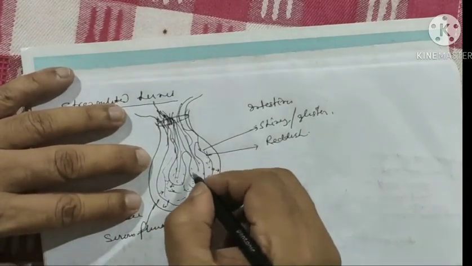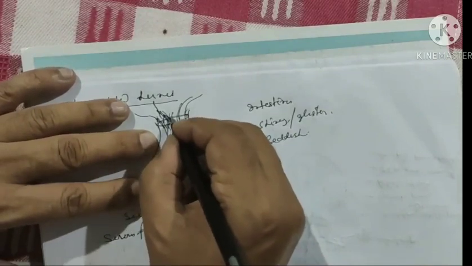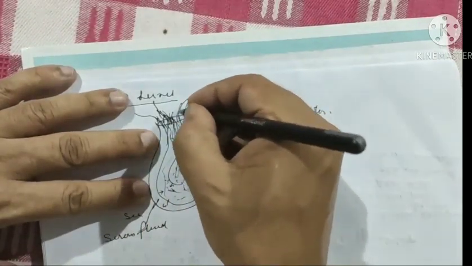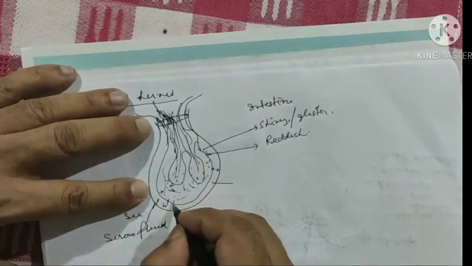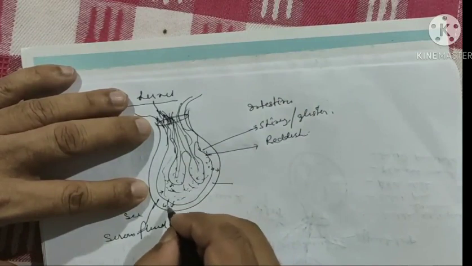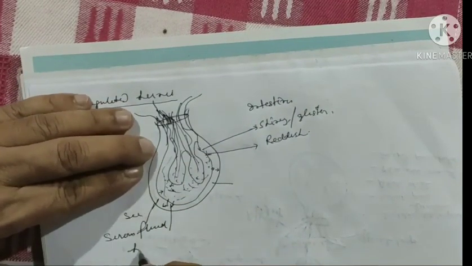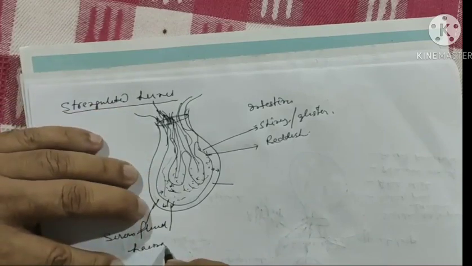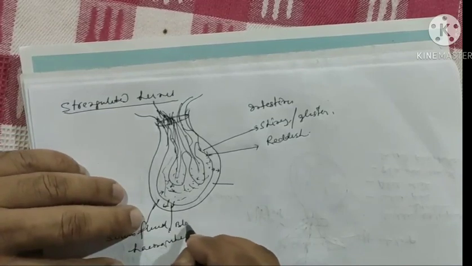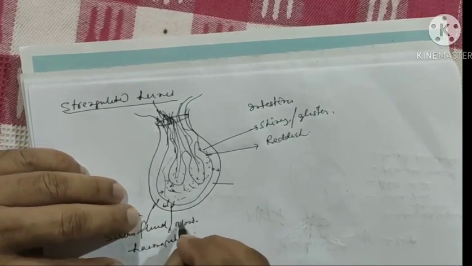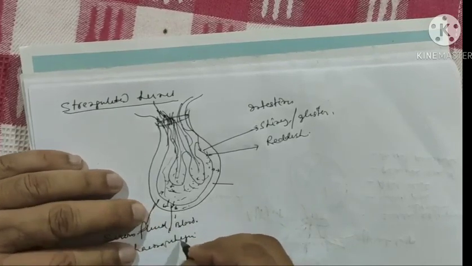If the process goes on, with compromise of the blood supply, initially the vein, the artery will keep pumping the blood, so there will be gradual over-congestion and then extravasation of blood, so this fluid becomes mixed with blood and becomes hemorrhagic. Blood comes out here, so this becomes hemorrhagic.